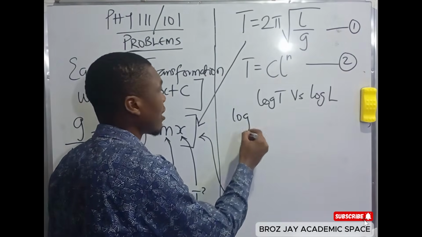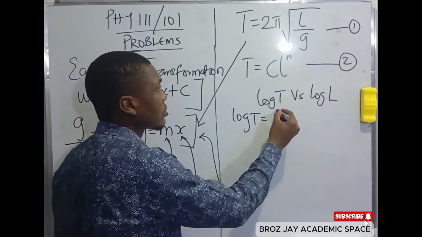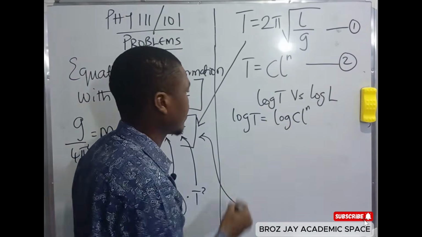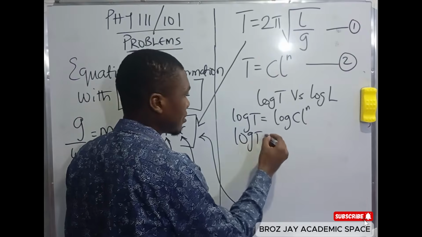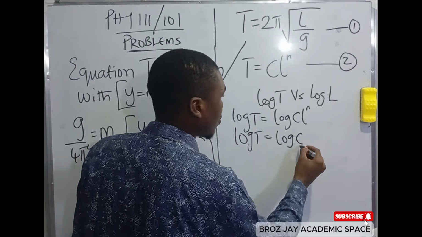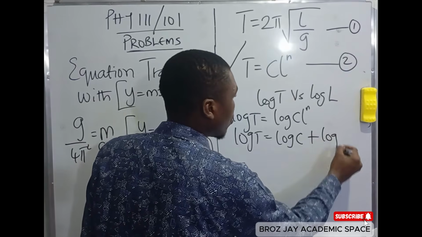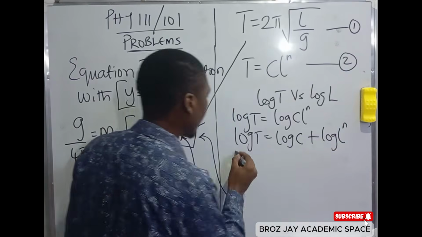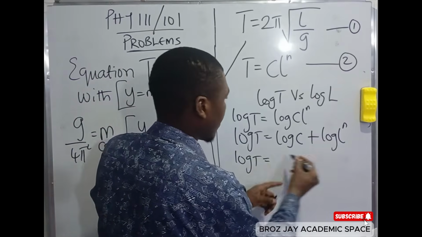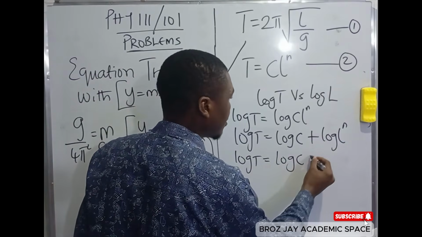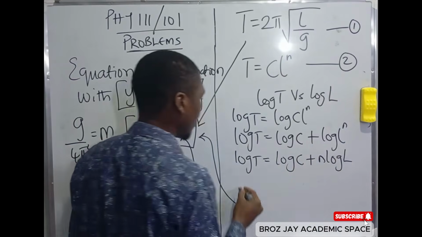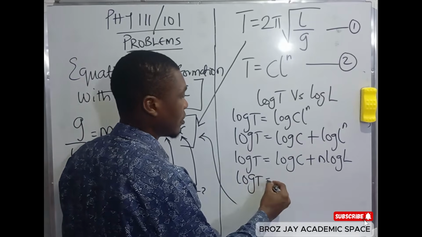If I introduce log, I'll have log t is equal to log CL^n. By the rules, my log t is equal to log c plus log L^n, which is log c plus n log L.